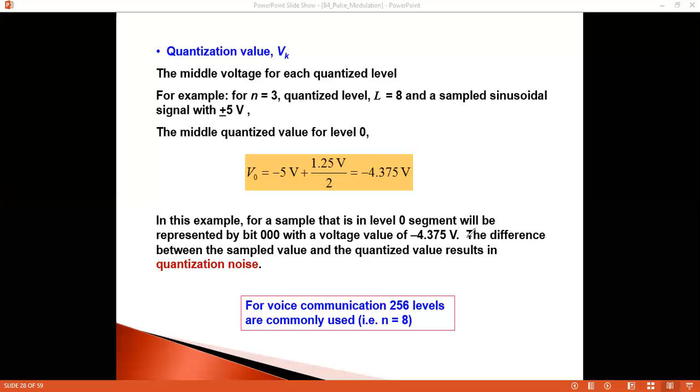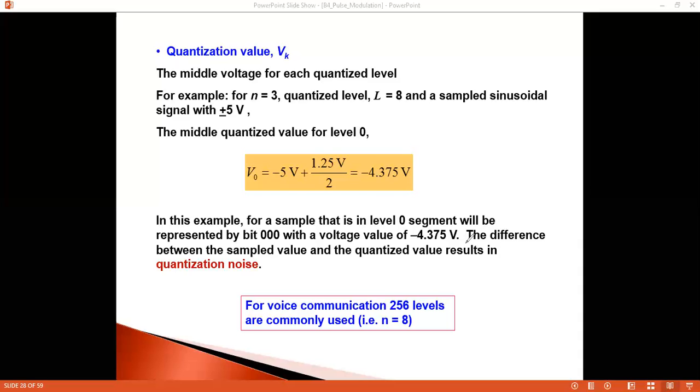What I mentioned in the previous video is that even though our sample, for example, is minus 5, it will be rounded to minus 4.375, because quantization will round our sample value to the nearest quantized value.